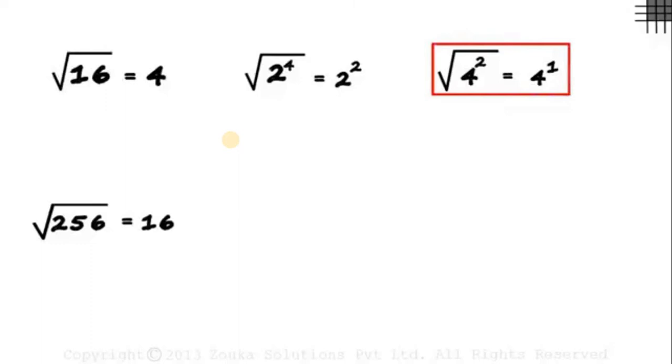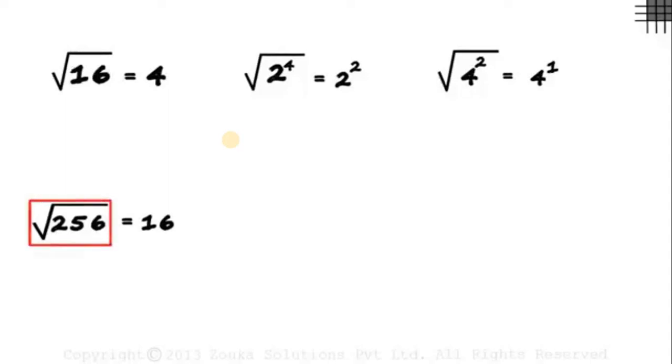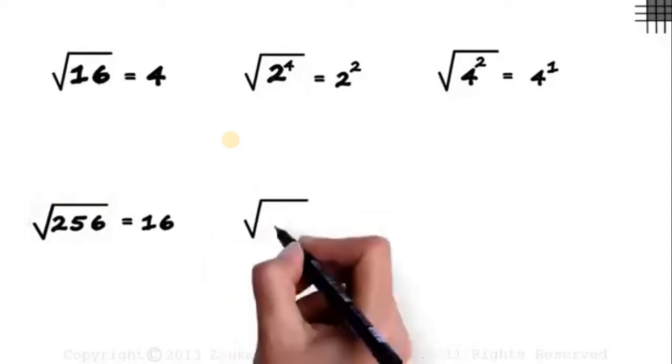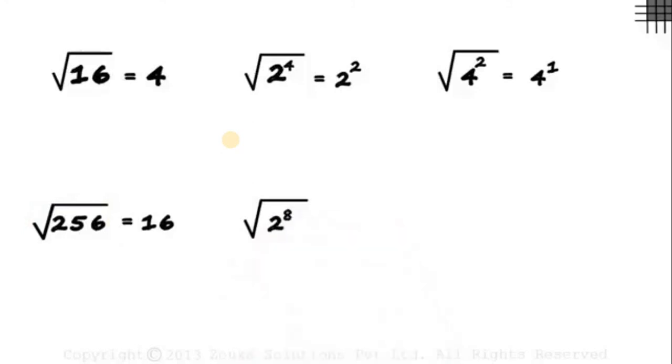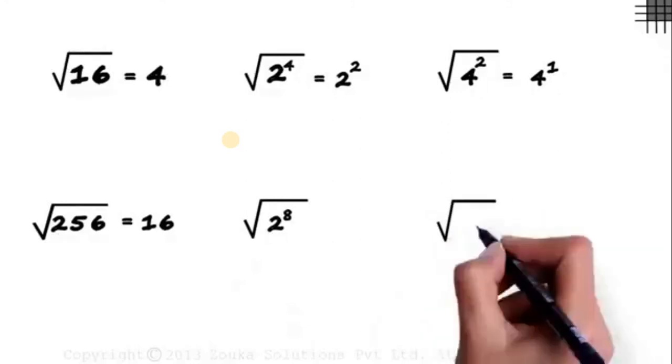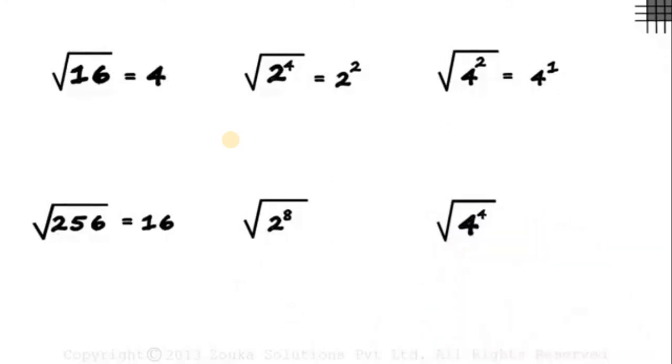Now let's move on to the next expression. Again, the base is the same and the power is divided by 2, or halved. So does this work every time? Let's try this number. It can be written as 2 raised to the power of 8, or even 4 raised to 4.